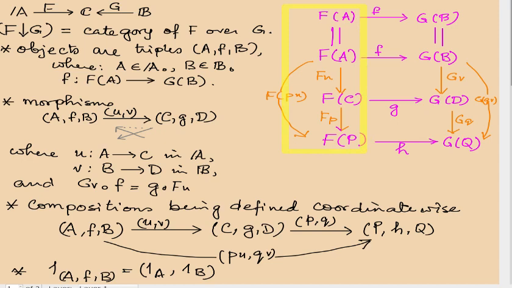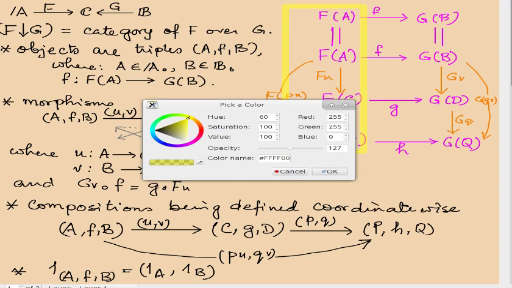This left side is completely controlled by the category A. What about the right side?